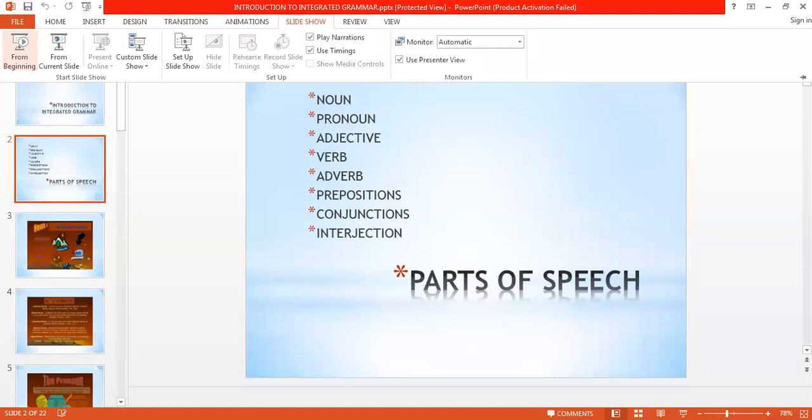If we are asking who was there at the door, there must be some noun as an answer. We can say my aunt was there at the door. So here my aunt is replacing the question word who. So this who is the interrogative pronoun. In any sentence, if we are replacing any noun with any question word, it comes under the category of interrogative pronouns.